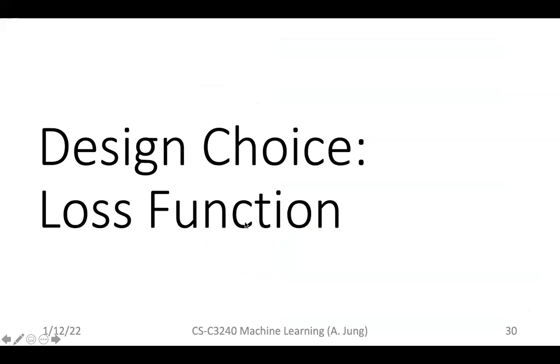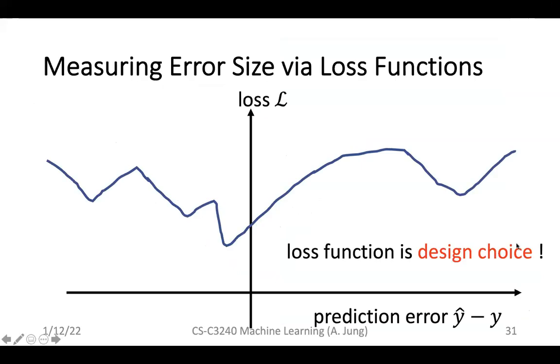Okay, so now the final stretch of today. What is the effect of the loss function on the empirical risk minimization? Remember, the loss function is a design choice. In principle, we can use any rule that takes in a data point with feature X and label Y and a hypothesis and outputs a number.